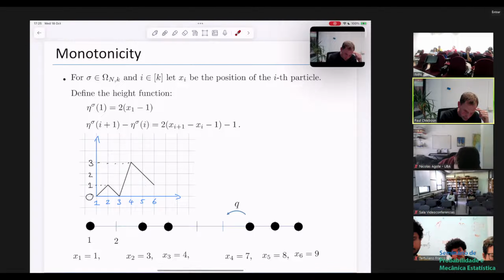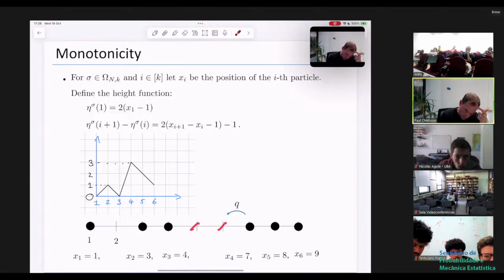So okay, the change in the height between the height function at i and at i plus 1 is given by twice the number of empty sites between the (i+1)th and the ith particle, minus 1. So in particular, if there's 1 empty site between the first particle and the second particle, then we go up by 1. If the second particle and the third particle are neighbors, the number of empty sites between them is 0, we go down by 1.